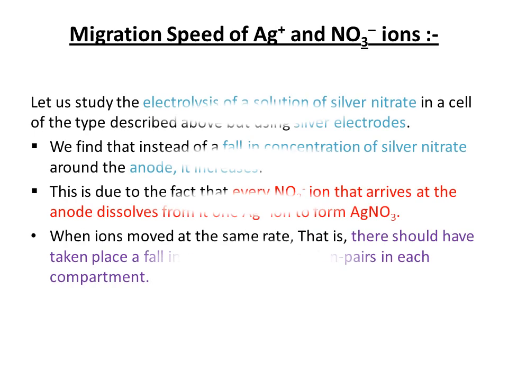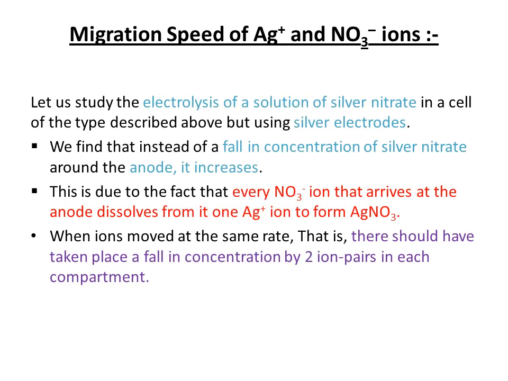For that case we will take the example of migration of Ag plus and NO3 minus ions. Let us consider the electrolysis of a solution of silver nitrate, AgNO3, in a cell of the type described above, but using silver electrodes.